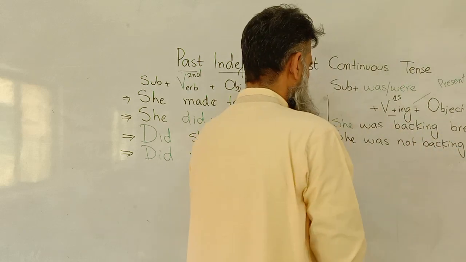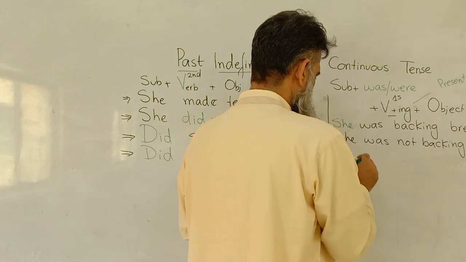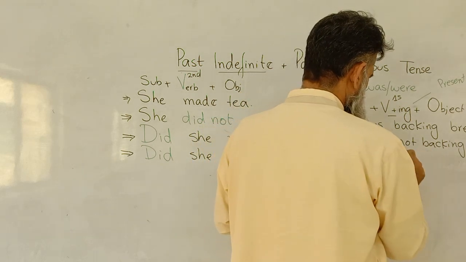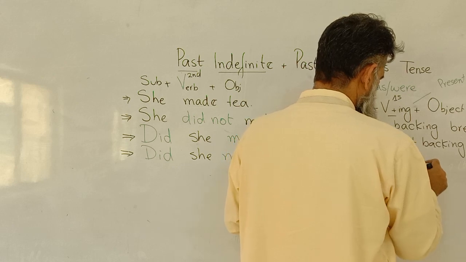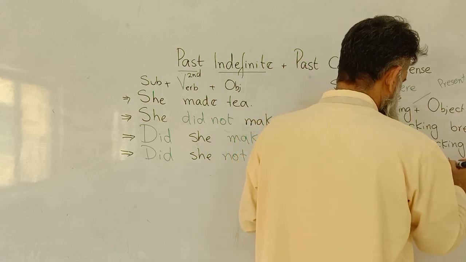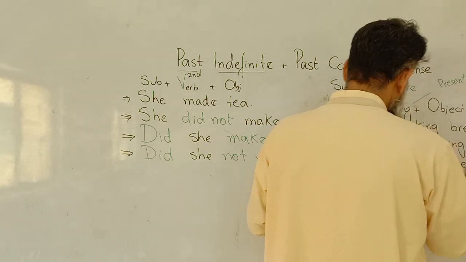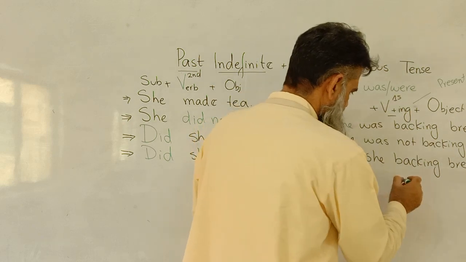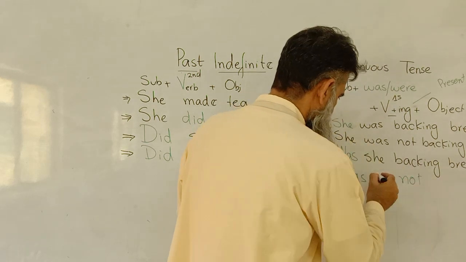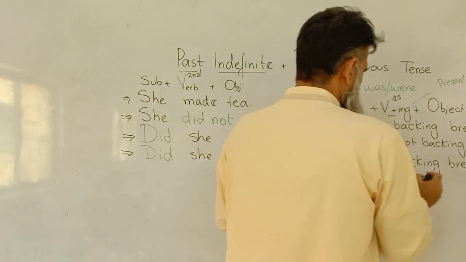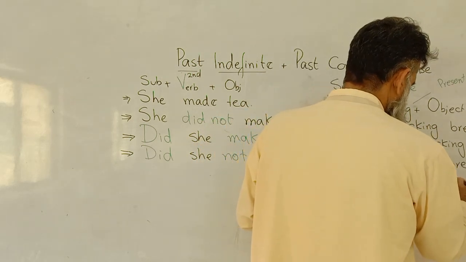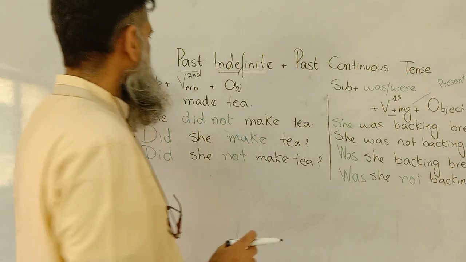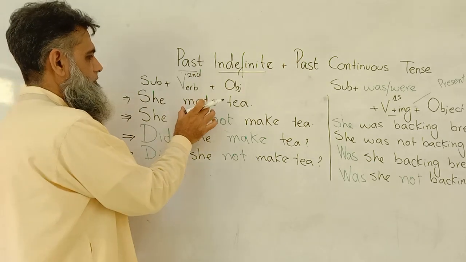And in interrogative we use was in the beginning of the sentence, then she, then the present participle, bake with the addition of ing, baking bread. And negative interrogative is with was, she not baking bread.